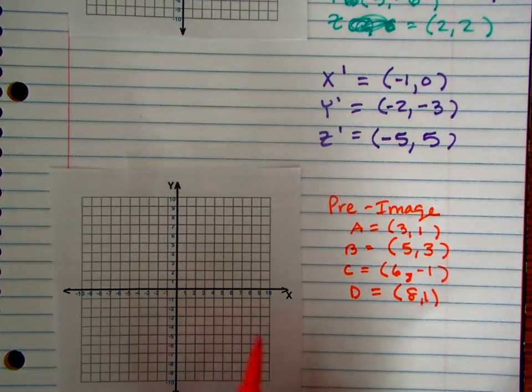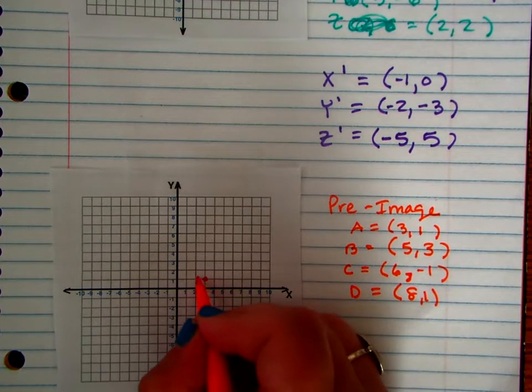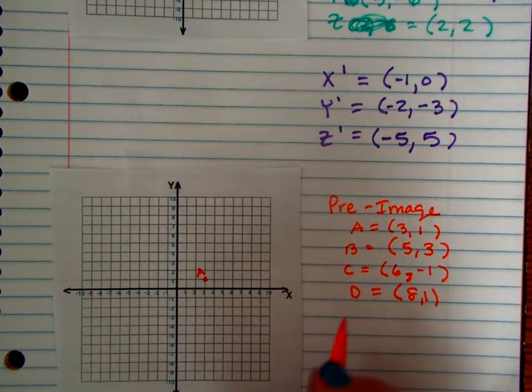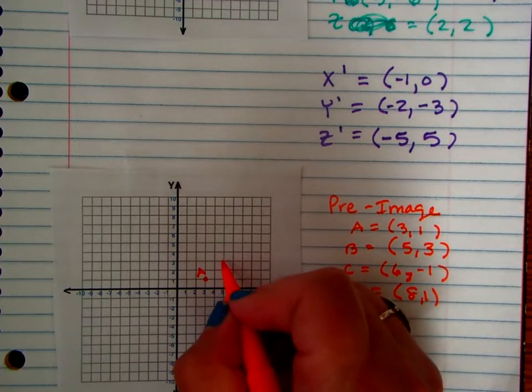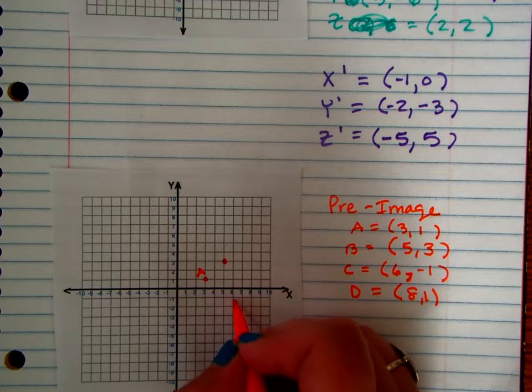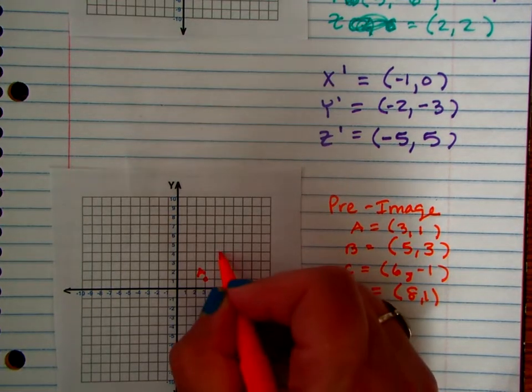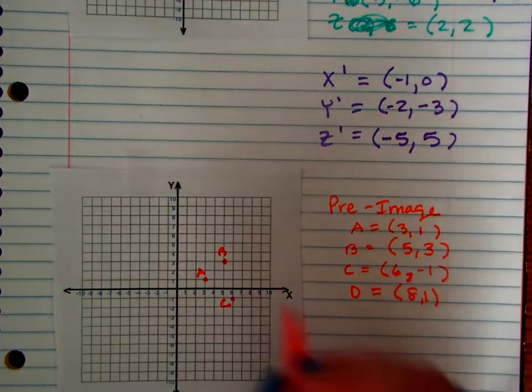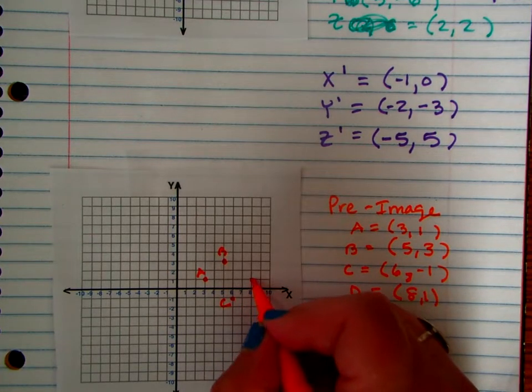Okay, so my A is 3, 1, so A is right here. And then B is 5, 3. C is 6, negative 1. So B, C, and then D is 8, 1.